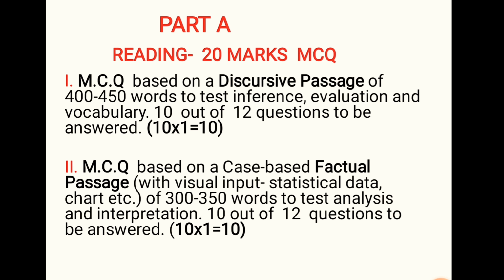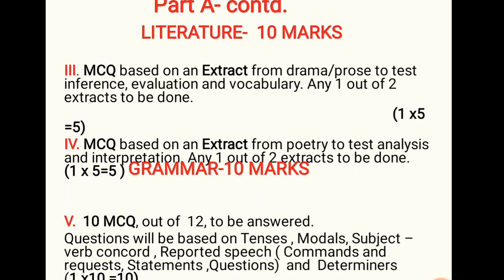Both the passages will be for 10 marks each. The first one will be a discursive passage and the second one will be a factual passage. So we can see very well that there is ample choice given here. Students will appear only for 10 questions out of 12 in both the cases. And both the questions will be purely multiple choice based questions.